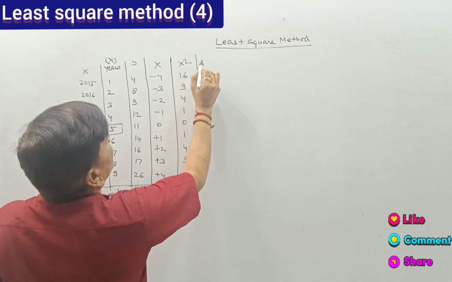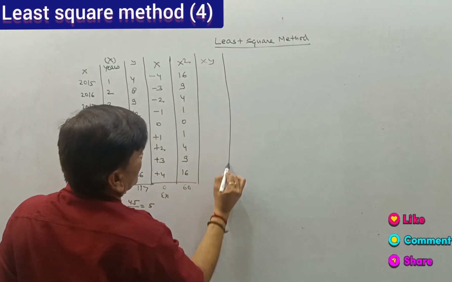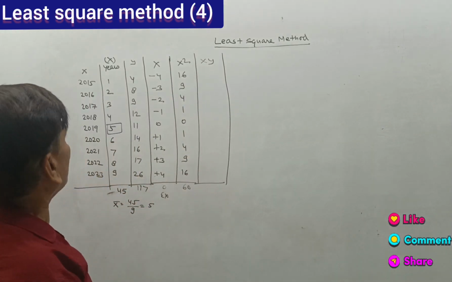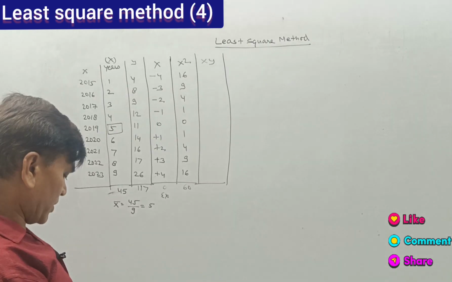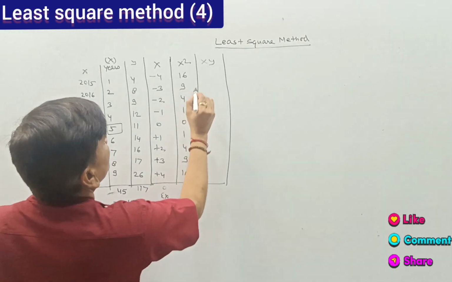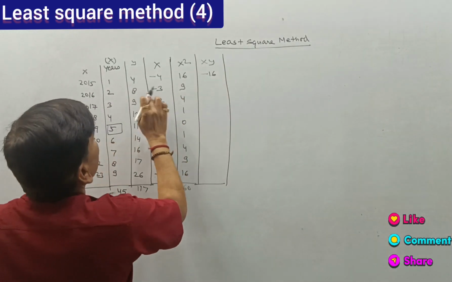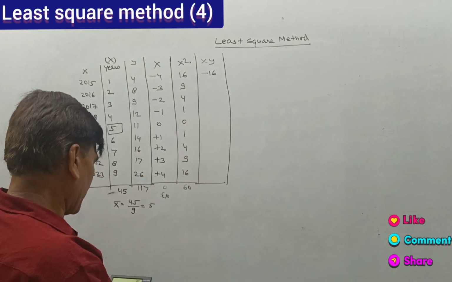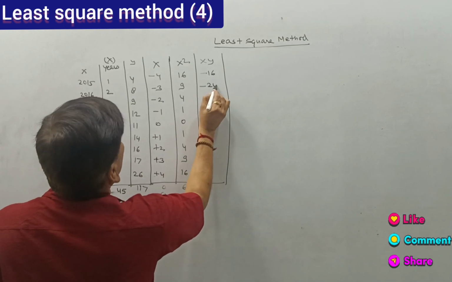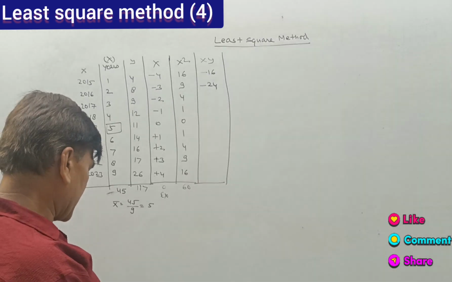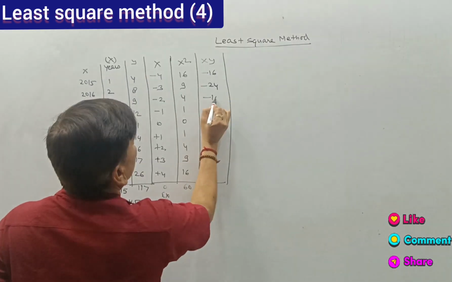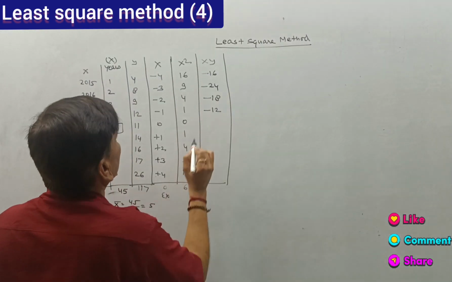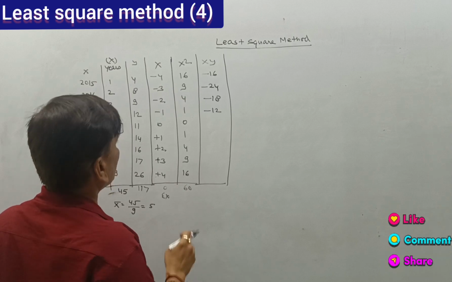And we require xy also. So the multiplication of xy: 4 multiplied by 4, that is minus 16. 8 multiplied by 3, that is minus 24. 9 multiplied by 2, that is minus 18. 12 multiplied by 1, minus 12.